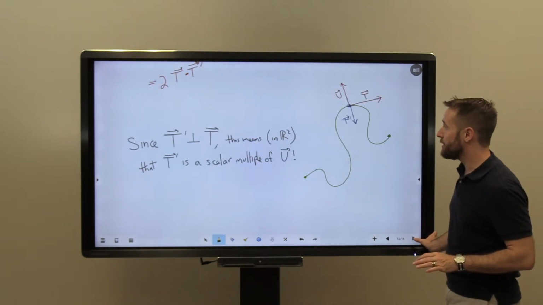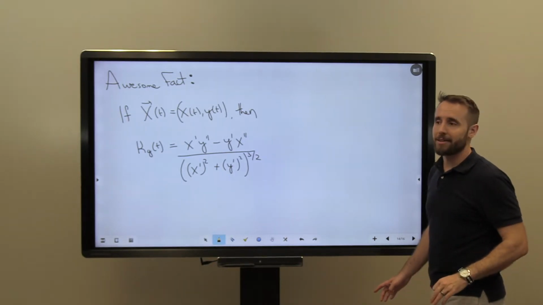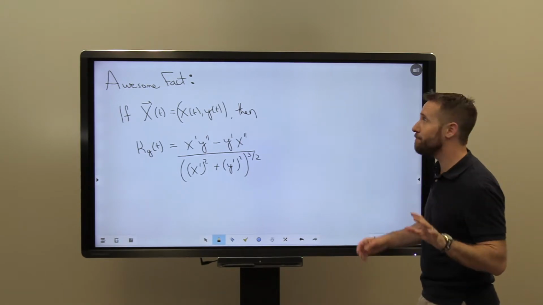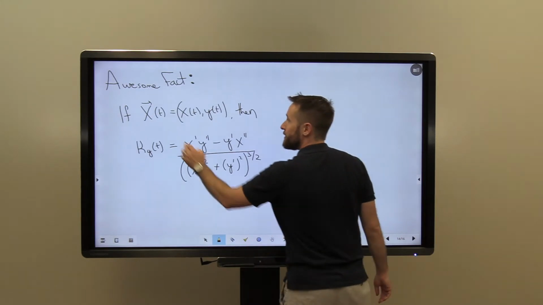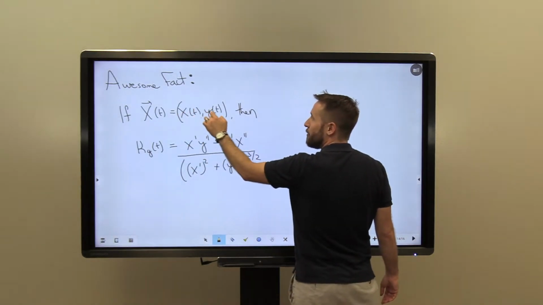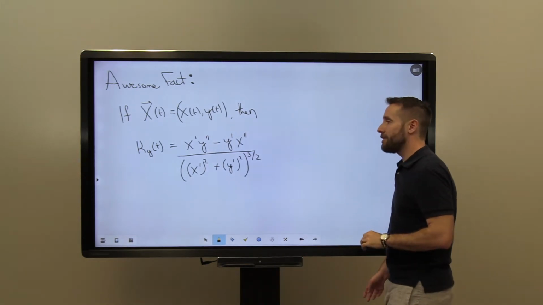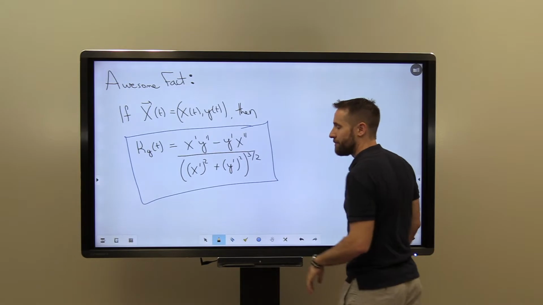So it turns out, and here I'm going to call it an awesome fact, although this is totally something that with a Calc 3 background we can easily prove, that if our parametrized curve is given by x of t comma y of t, then the curvature function is given by this slightly complicated looking formula.